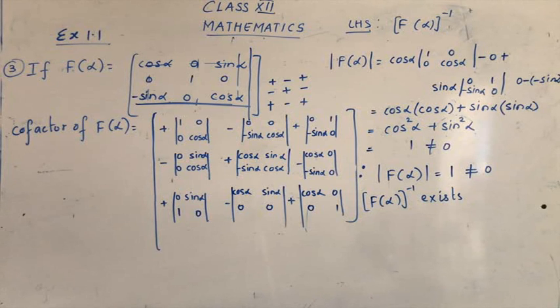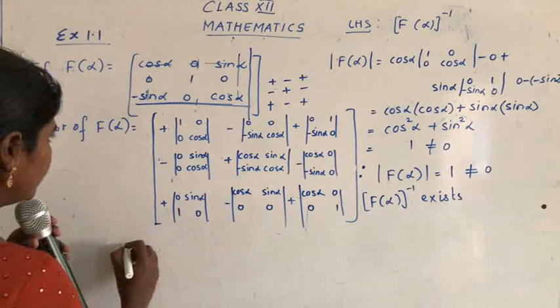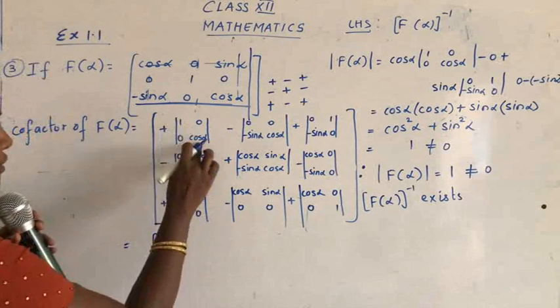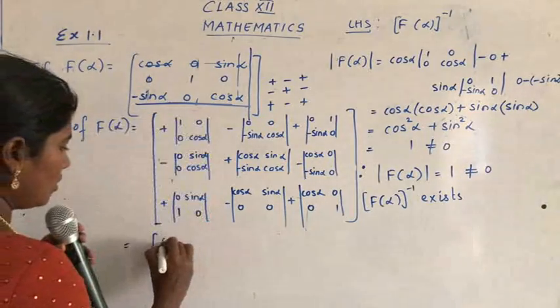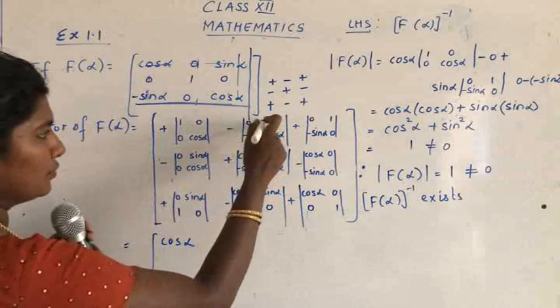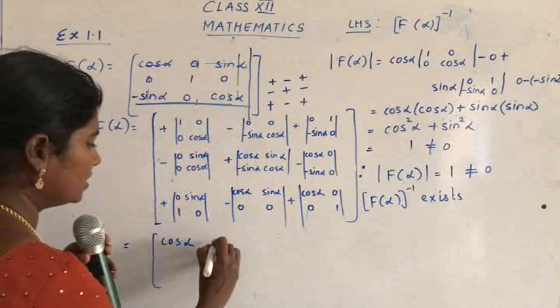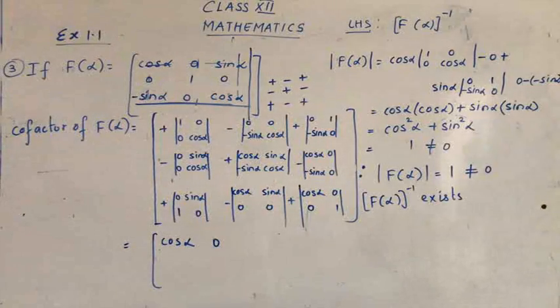Okay. Now let's complete our sum. So what do you get over here? This becomes 1 into cos alpha is cos alpha minus 0. So you just get cos alpha, 0 minus 0, so directly you can just have your 0. Do not write any sign for 0.